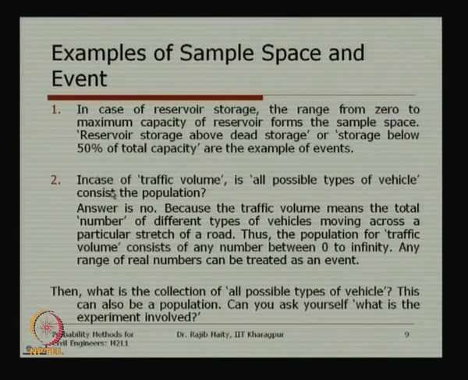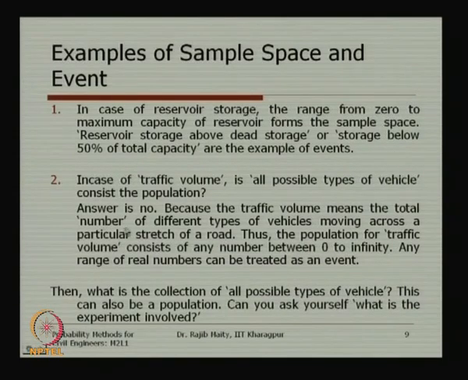Similarly, suppose we take the example of another random experiment, that is traffic volume. In transportation engineering, this is mostly used. In the case of traffic volume, if I ask whether all possible types of vehicle consist of the population, the answer is no, because traffic volume means the total number of different types of vehicle moving across a particular stretch of the road.